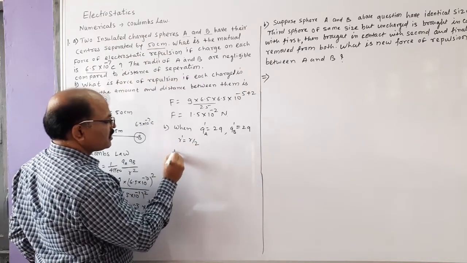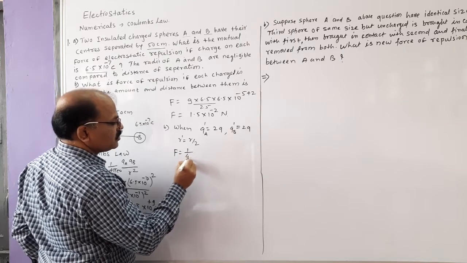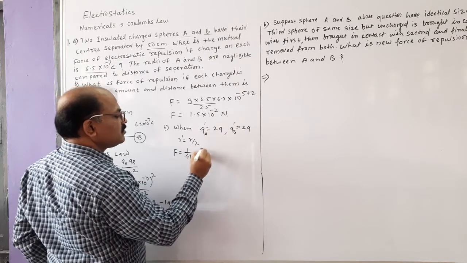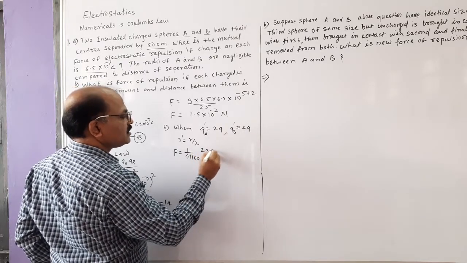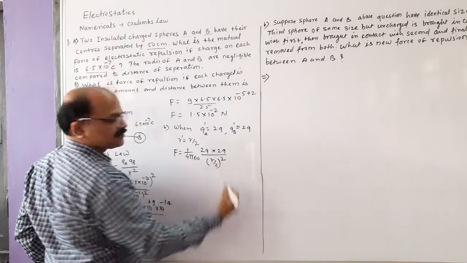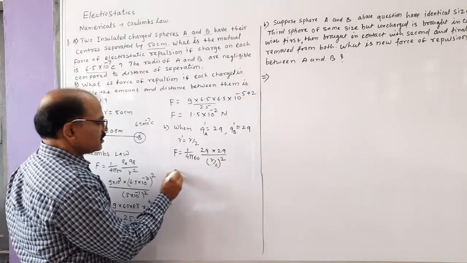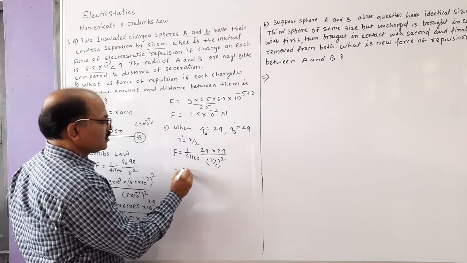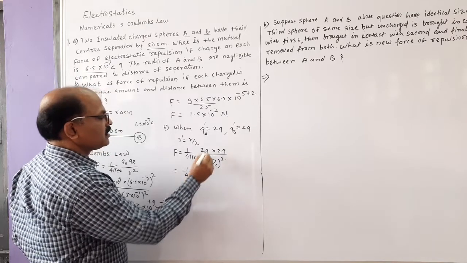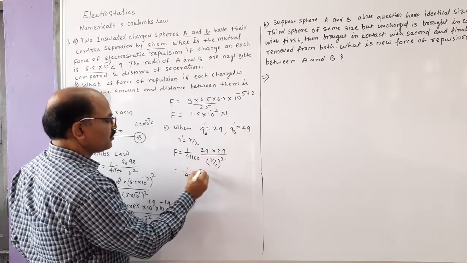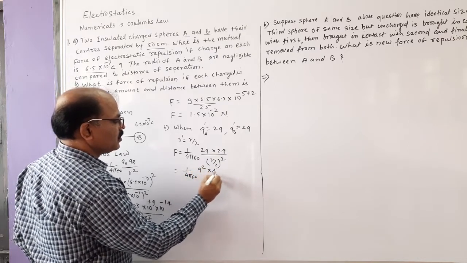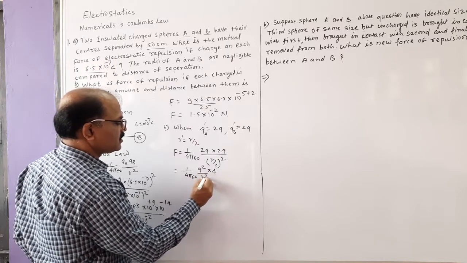Then F is equal to, again use the Coulomb's law, 1 by 4 pi epsilon naught, instead of the q this becomes 2q, and this also 2q divided by r by 2 square. So this equal to 1 divided by 4 pi epsilon naught, q into q, this becomes 4 q square into 4 divided by r square.